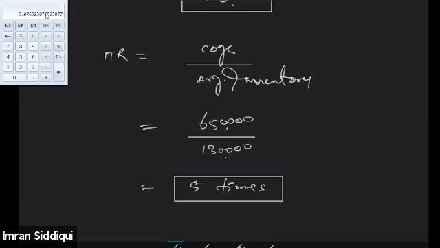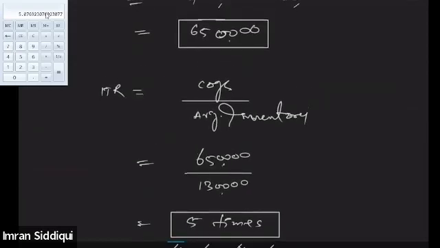I got 5.0. So that is not the right answer, because in the numerator you took the value of COGS as 6,60,000. That's why your answer is different. Now it is clear, na? Alima, is this clear to you now? Yes, clear.